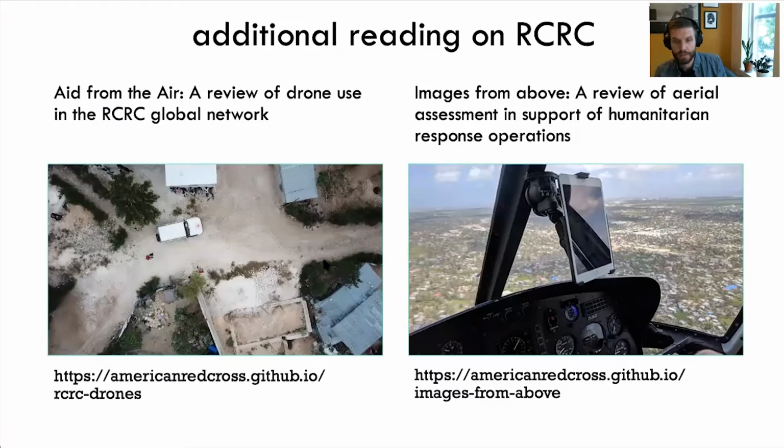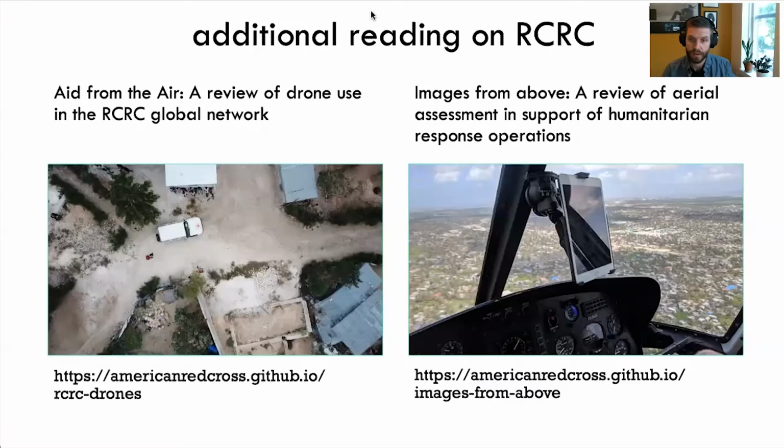The Red Cross Red Crescent movement has been exploring the use of drones in a variety of ways and by a number of different national societies. If you'd like to read more on that, there are two studies that we've produced. One, Aid from the Air, is an overview of all the different national societies that have used drones and how they've used them that we know of.